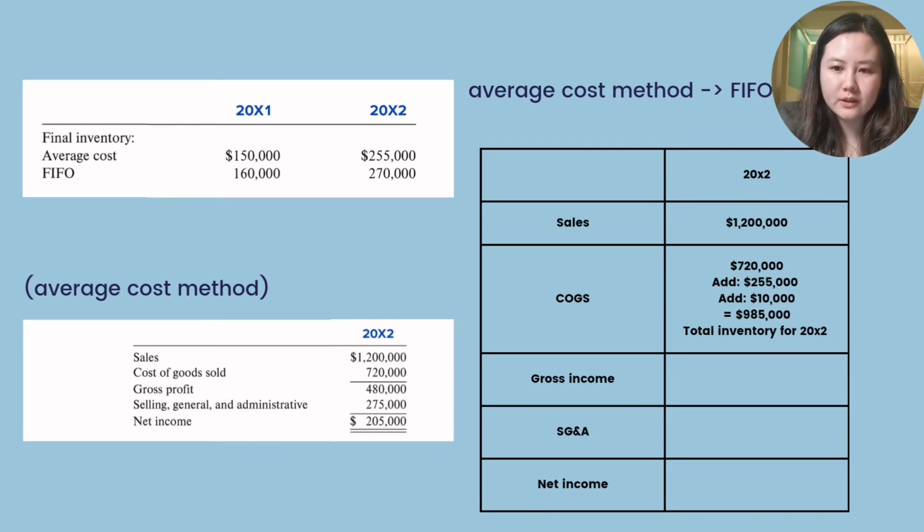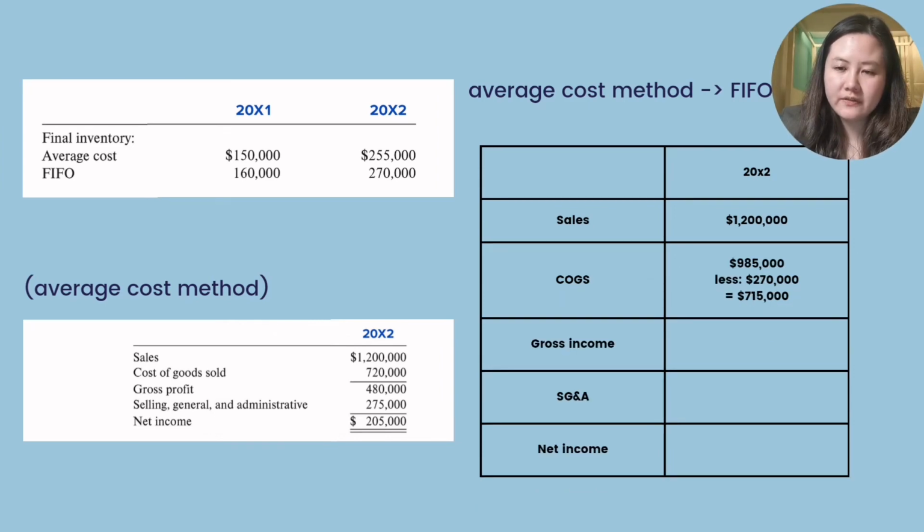Then we subtract the inventory using FIFO method from the total inventory, and this will give us the COGS for 20X2 using the FIFO method. So $985,000 minus $270,000 equals $715,000, and this is our COGS using the FIFO method in 20X2.